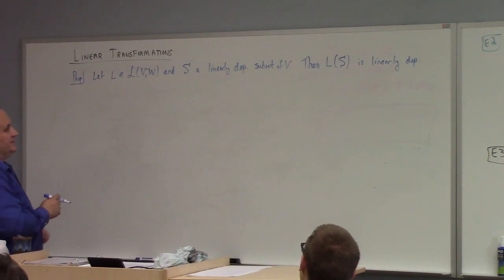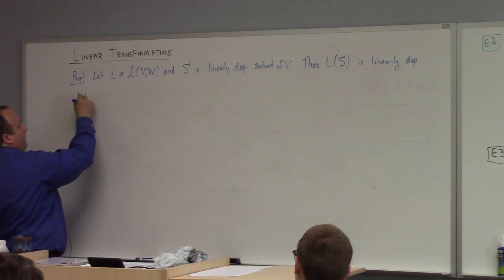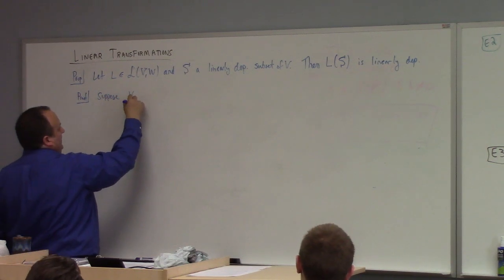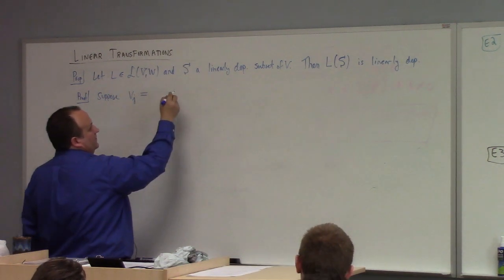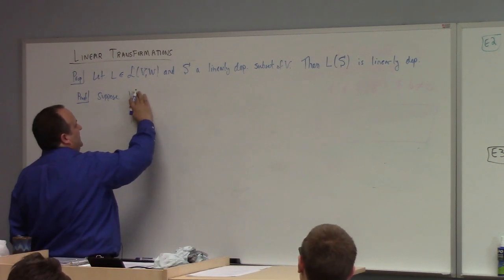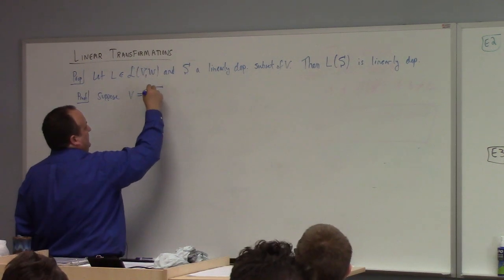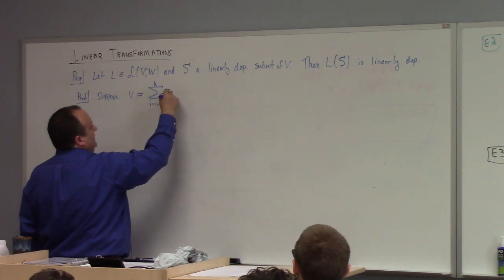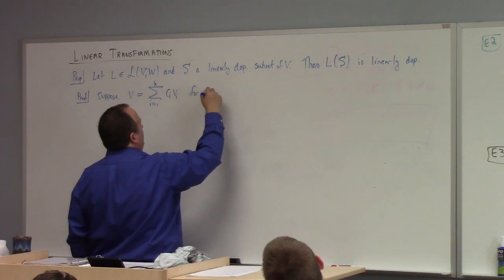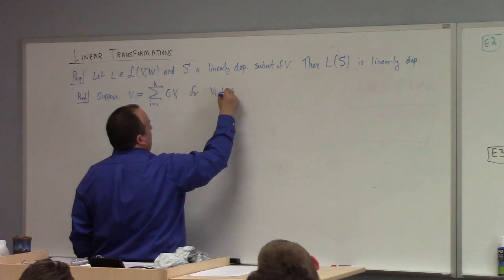So here's the deal. Suppose v is equal to a sum, i equals 1 to whatever k, let's say, of c_i v_i, for v_i, v in S, right?